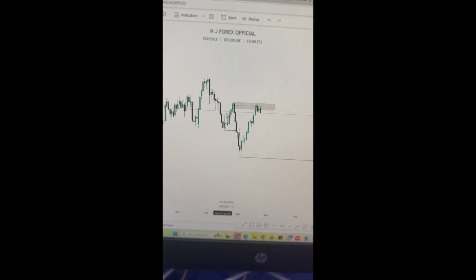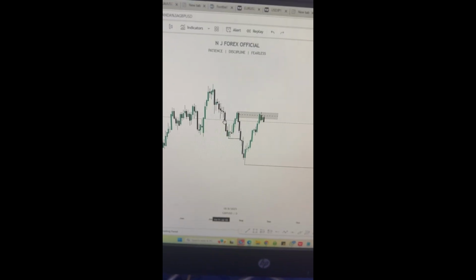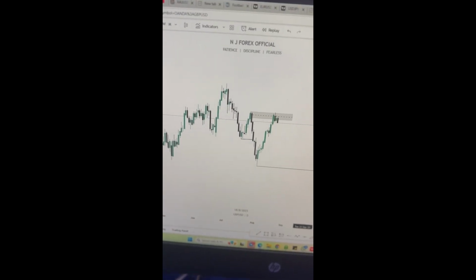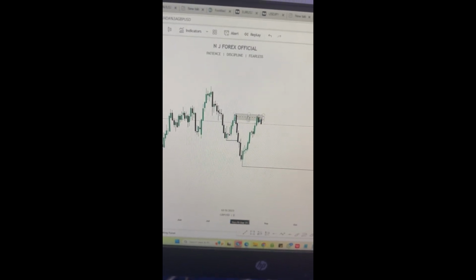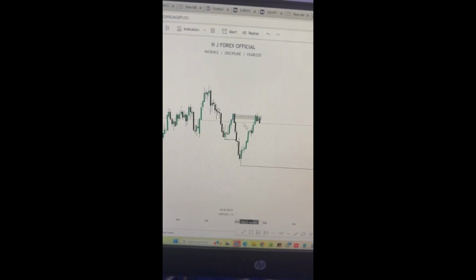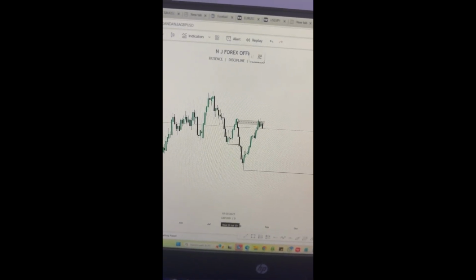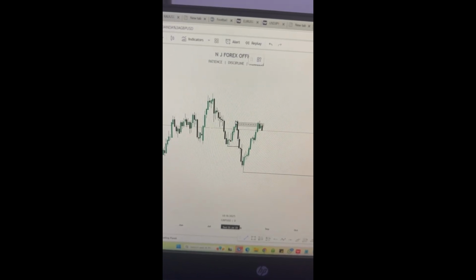Alright, so I had a clear confirmation before taking this trade, and guys, it's an A+ setup. So the moment I marked this, I was hoping to see how the market is going to react on this zone for me to have a clear view that the market is going to drop.